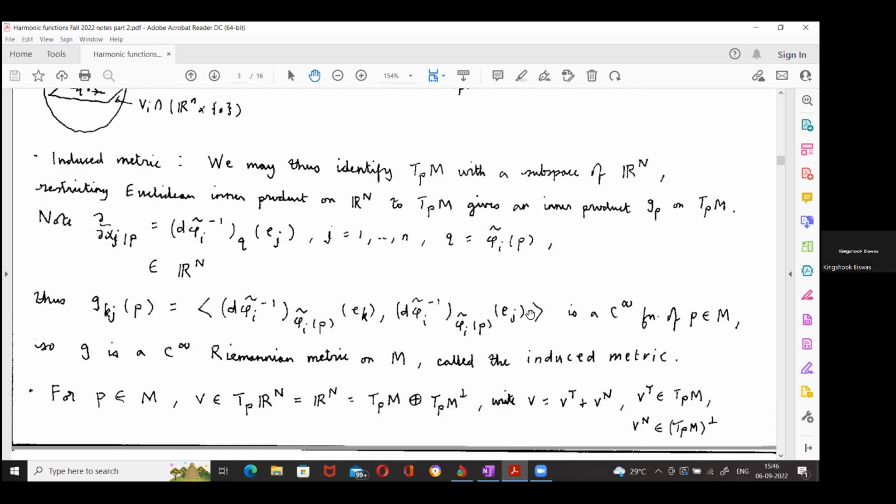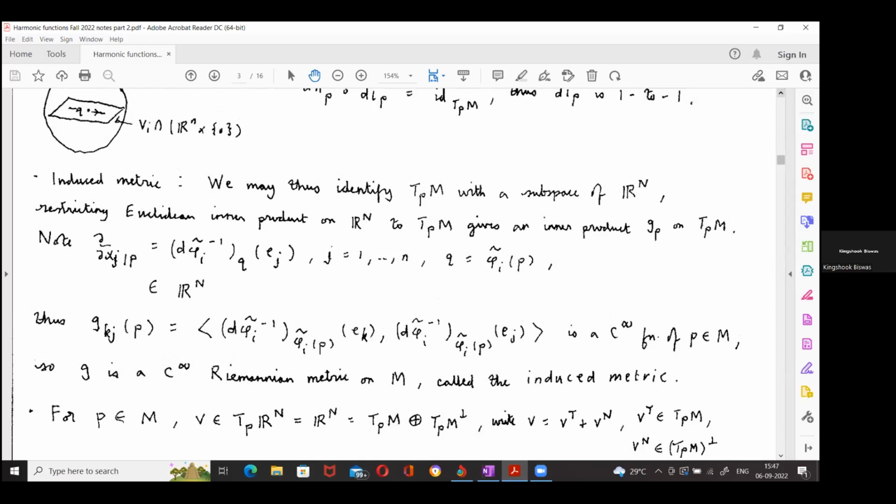Okay. And here, this as a function of P is going to be smooth because phi I tilde is my chart, and phi I tilde of P is a smooth function of P. And phi I tilde inverse, where does that go?